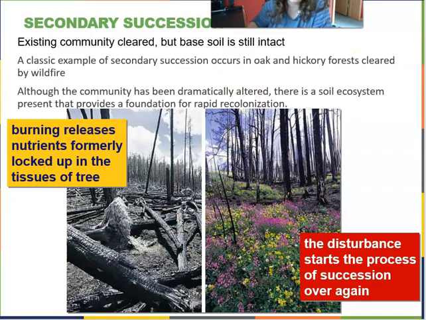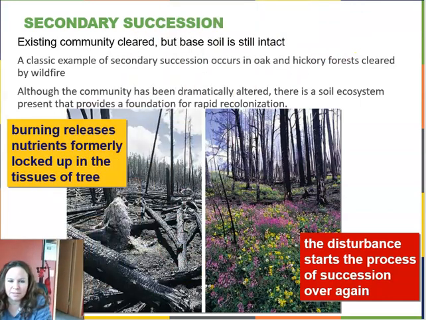Secondary succession. This is when an existing community is cleared, but the base soil is still intact. Could be after a fire. That's a great classic example. In oak and hickory forests cleared by wildfire, although the community has been dramatically altered, we still have our soil ecosystem to provide a foundation for rapid colonization.